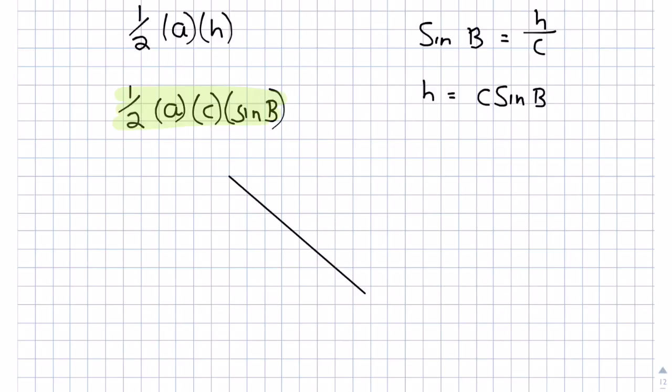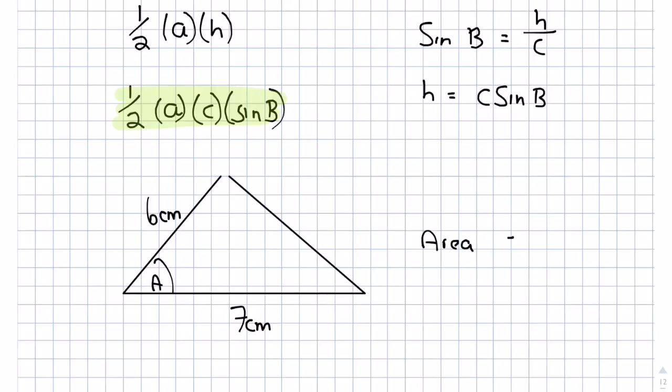I'll draw out a triangle. 6 centimeters, 7 centimeters. And here's our angle A. We know that the area of this triangle is actually 12 centimeters squared, and we're asked to find the angle A correct to the nearest degree.